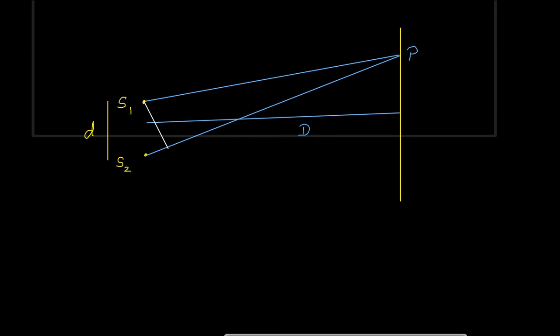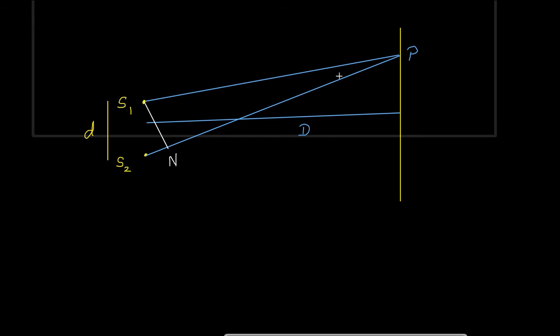Let S1N be the normal drawn to the paths S1P and S2P. Beyond the normal, we just imagine the paths are the same, that is S1P equal to NP.